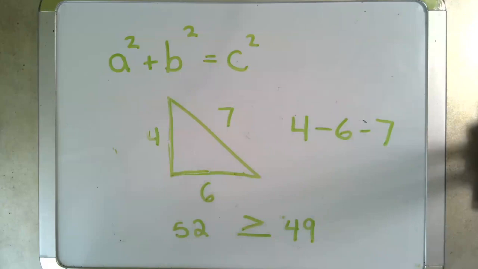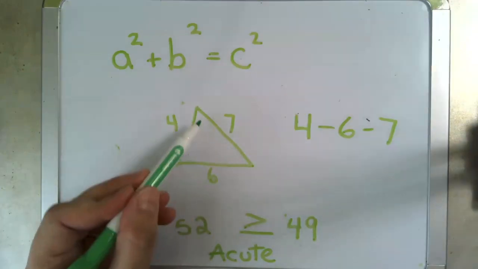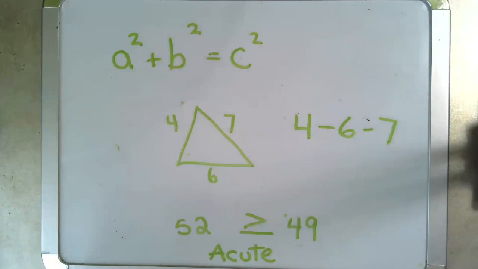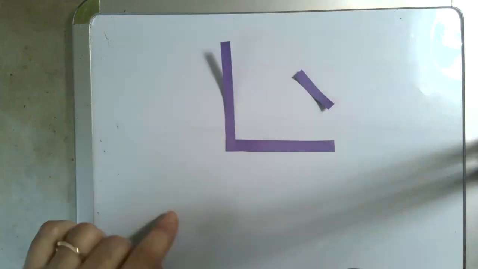And when that's the case, we have an acute triangle, which means our picture would look more like this. And none of these angles would be larger than 90 degrees. So this is an extreme example, but just to show you the idea.